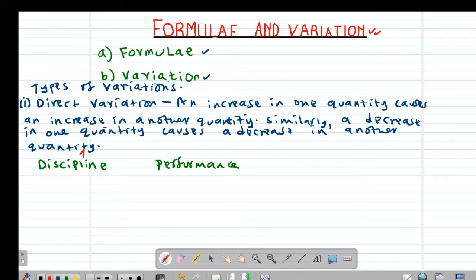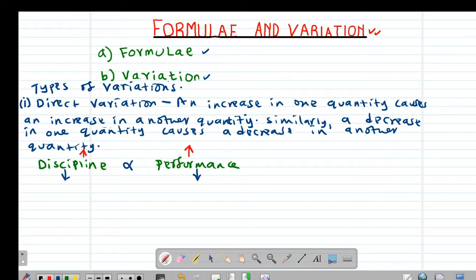When the level of discipline goes high, we expect the performance to also go high. Contrary, should the level of discipline deteriorate or go down, then you also expect the level of performance to go down. Therefore, we say that these two quantities are directly proportional to one another.